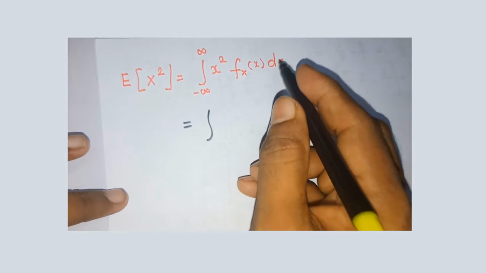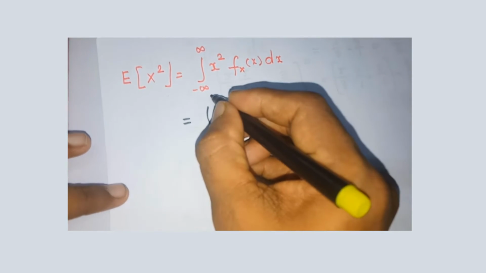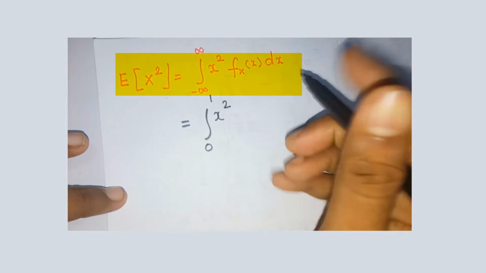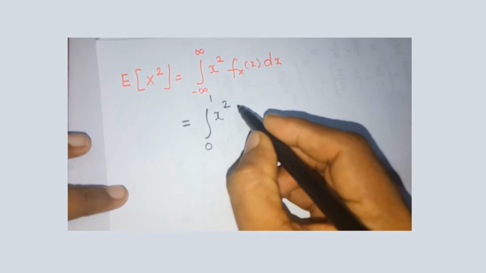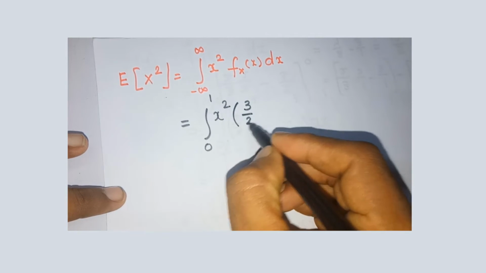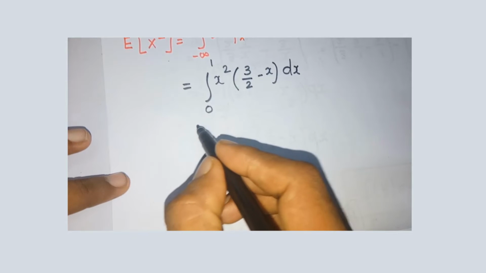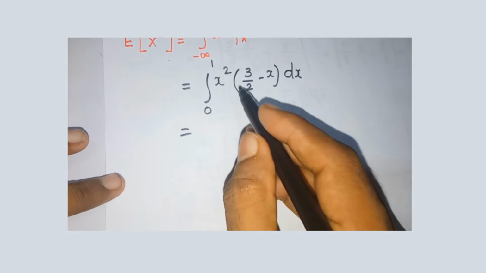What is the limit of x? The limit of x is from 0 to 1. My x square is as it is. The function f of x that we have already obtained is 3 by 2 minus x, into dx. Again we should multiply the two terms.